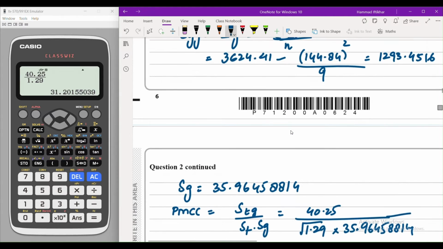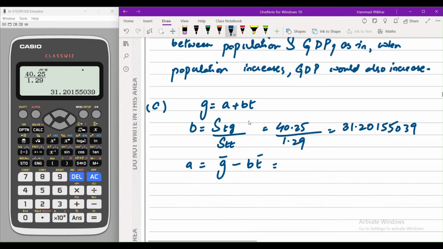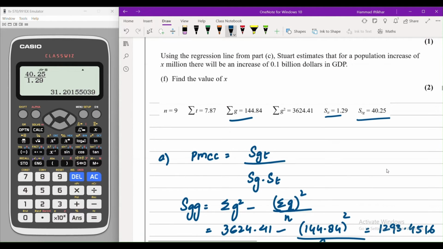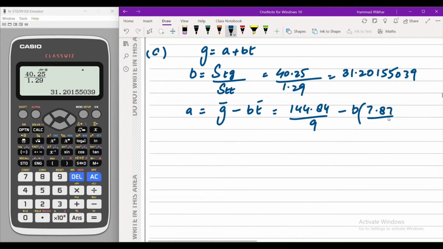G bar is 144.84 divided by 9, minus this B times the mean of T, which is 7.87 divided by 9. That is minus 11.19068906.